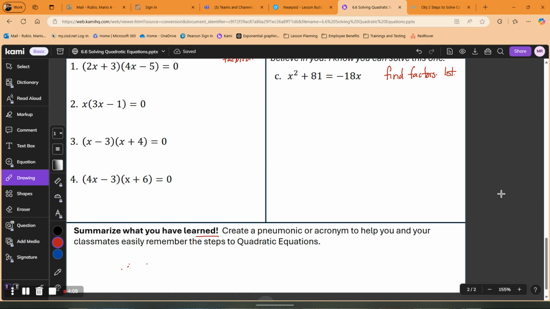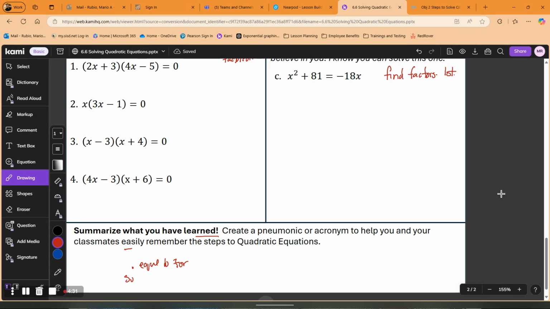Sometimes I remember things by making a short list, or sometimes spelling out a word. You could spell out a word like, well, we have to factor. Our first step is to factor. Then we need to set equal to 0, and then solve for the variable.